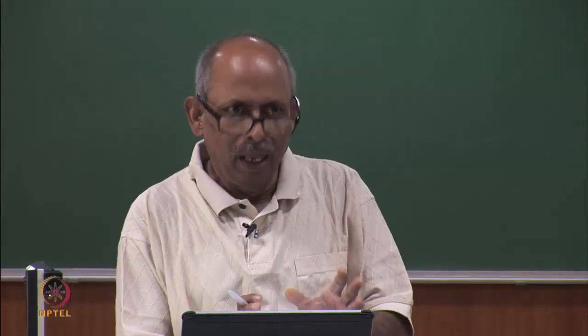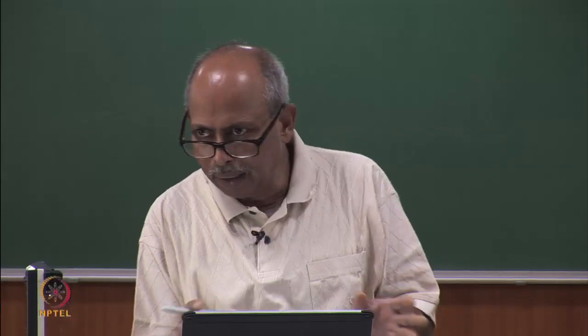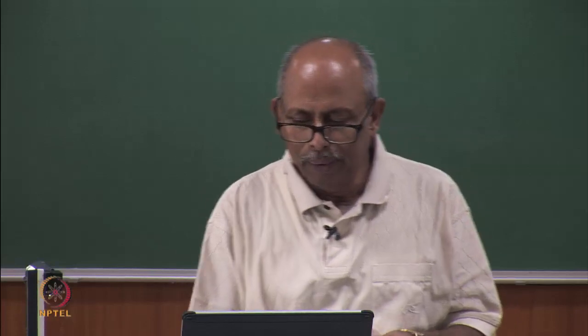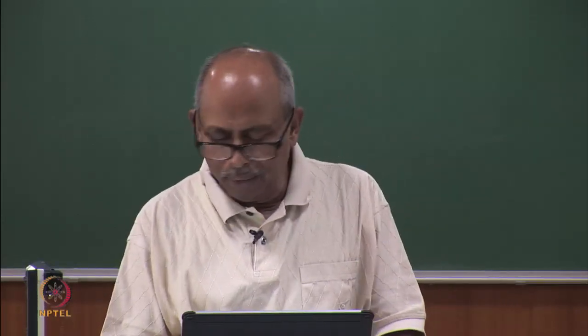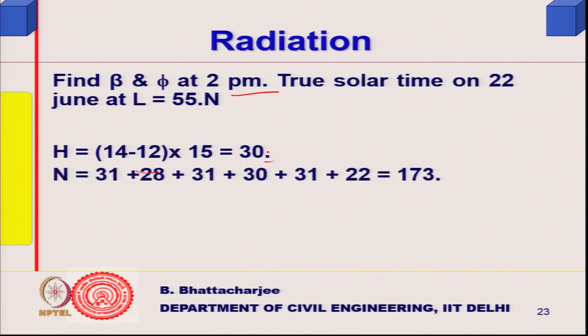Otherwise, for Indian or tropical conditions, I should have taken a much lower latitude, but the formula is the same anyway. So, beta and phi I want to find out. Hour angle at 2 p.m. is 14 minus 12 into 15, which is 30, absolute value. So, hour angle is 30, and n is equal to how much?